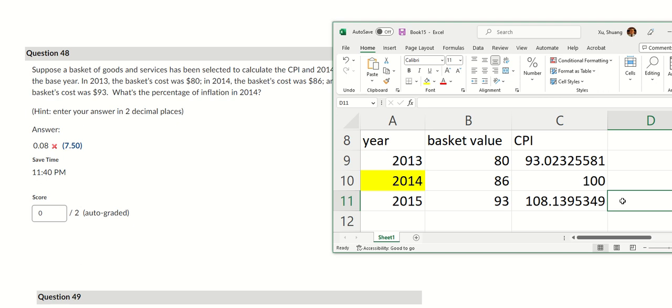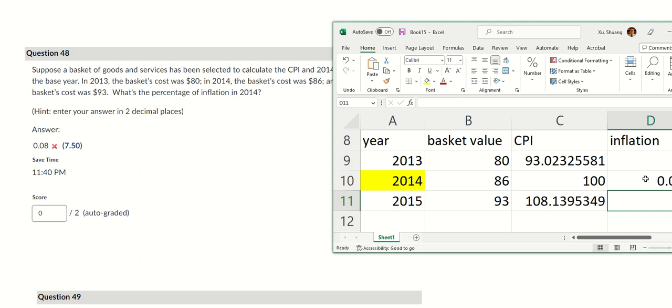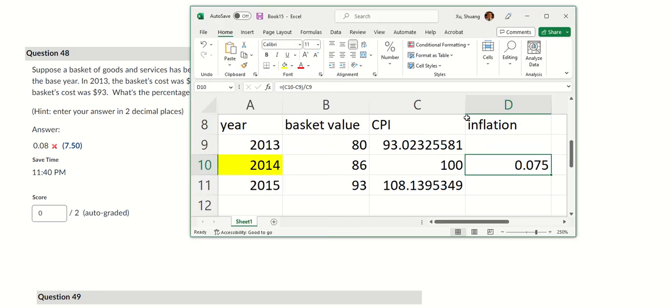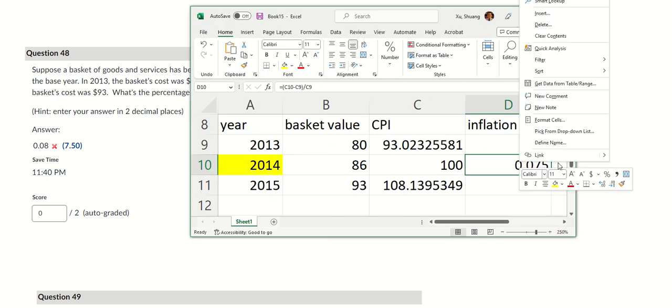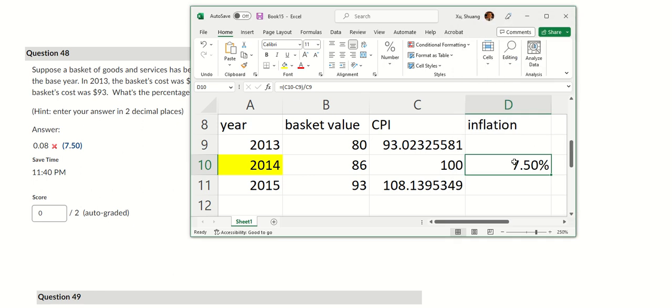And inflation: this year minus last year, divided by last year. We want a percentage with 2 decimals. So the answer is really 7.5%.